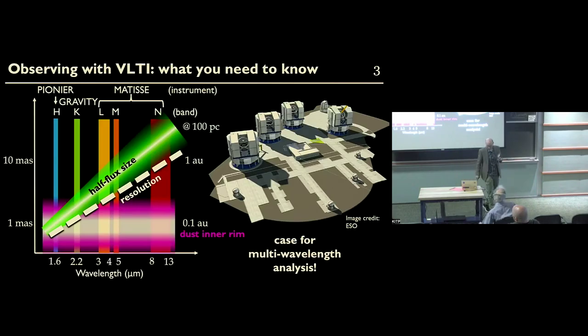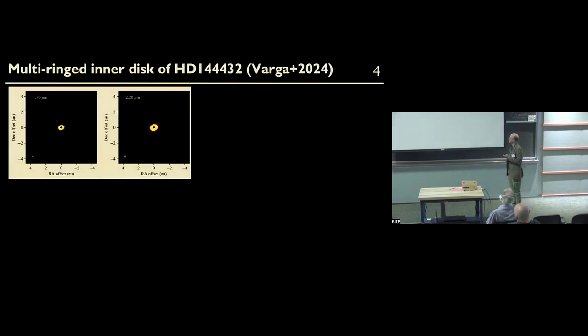So what can we do? That's the case for a multi-wavelength analysis: combine all this data together and come up with a consistent model for a disk. This is what I'm going to show you now. This is the case for a Herbig star, HD 144432.